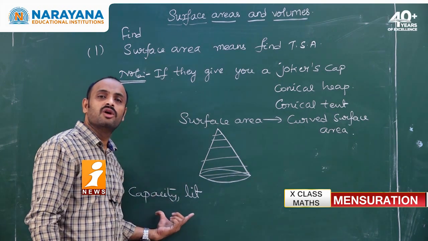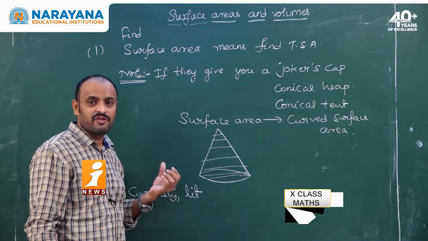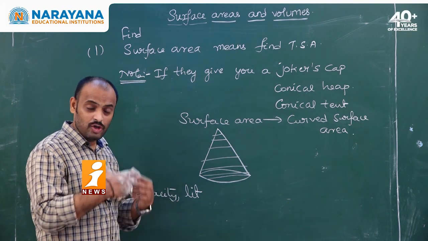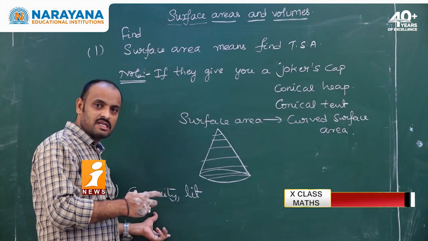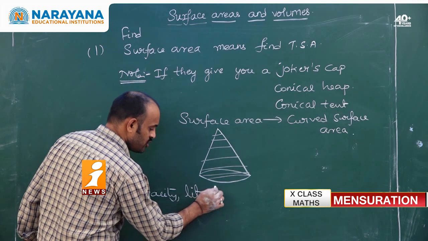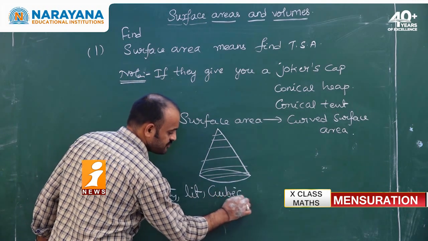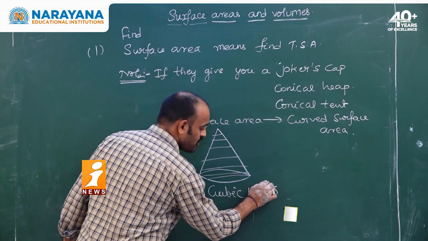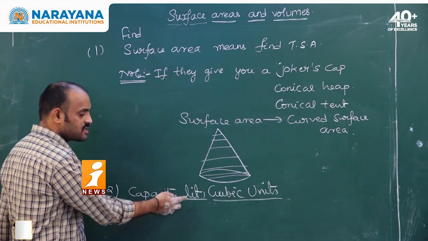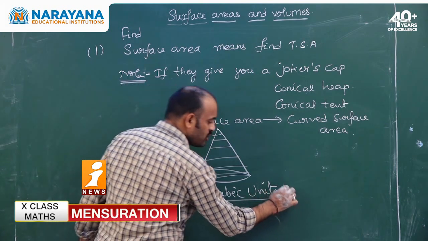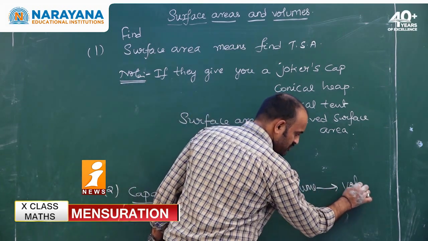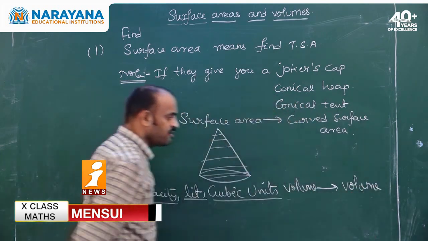That is nothing but volume. Whenever they ask you to find capacity, find the liters, or how much it can hold, you have to use only the volume formula. Cubic units. If you observe these things, capacity, liters, cubic units, simply you need to use the volume formula to find the volume of it.